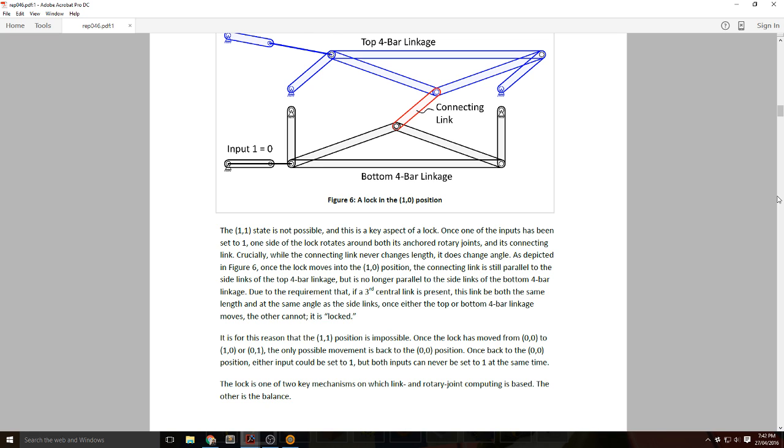So the same length and same angle. Therefore, the center link must be 7, because these are 7.